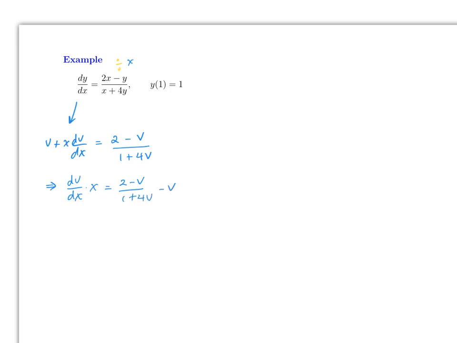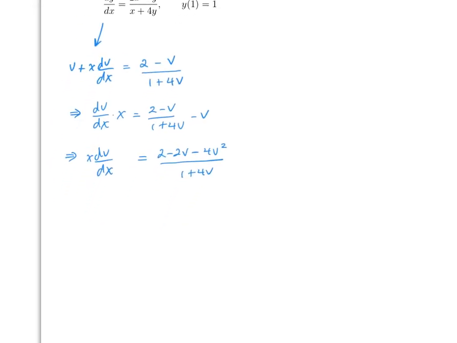And then you should definitely check the right side is going to give you 2 minus 2v minus 4v squared over 1 plus 4v. Okay, again, you should definitely check that. Stop the video and convince yourselves.